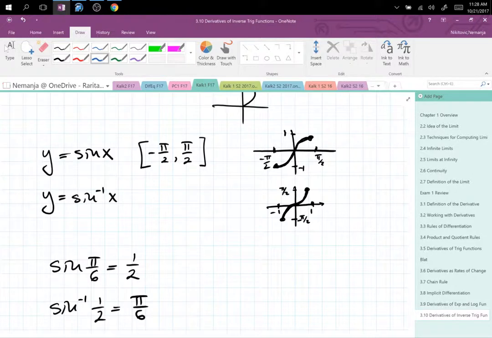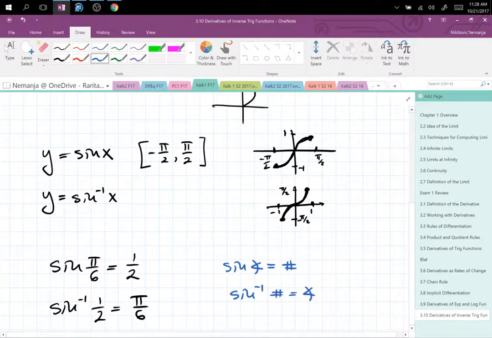So technically, sine of an angle is a number, and inverse sine of a number is an angle. And you have the examples next to it.